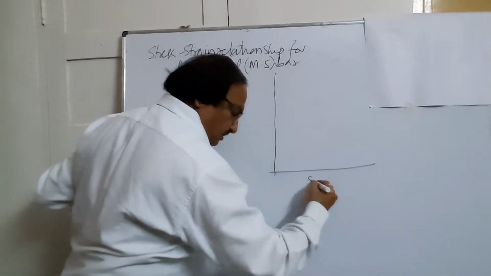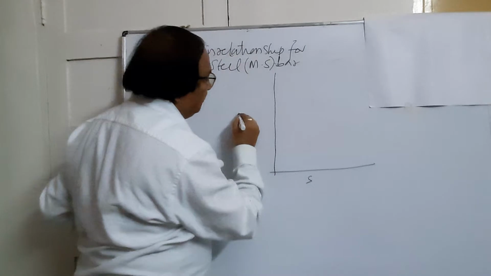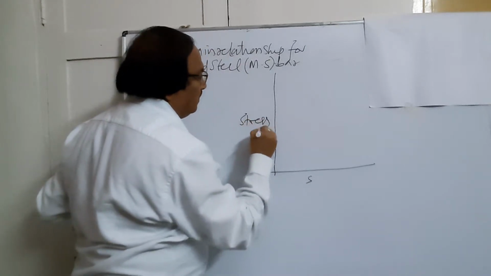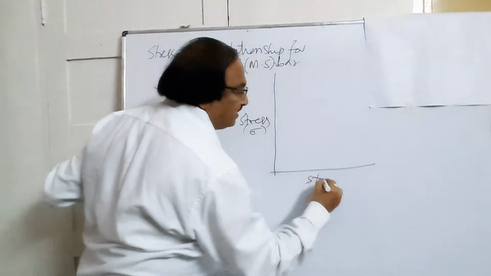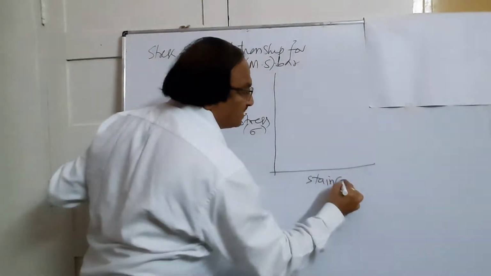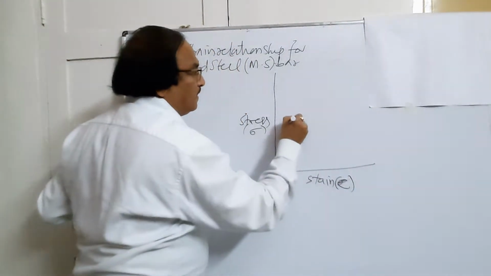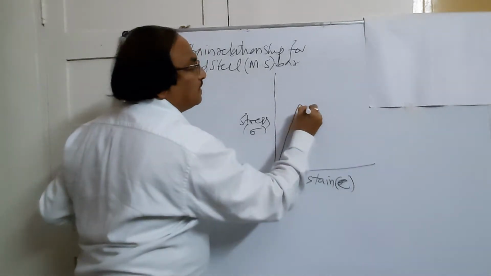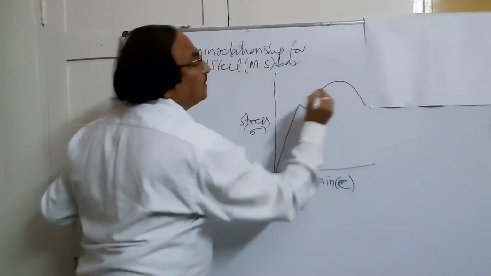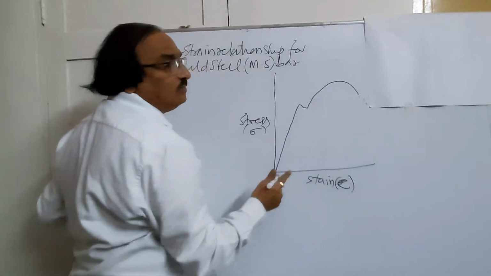Suppose this is stress, sigma, and this is strain. So we are drawing a graph of stress versus strain. You get a straight line at first, and this is the nature of the graph you will get.